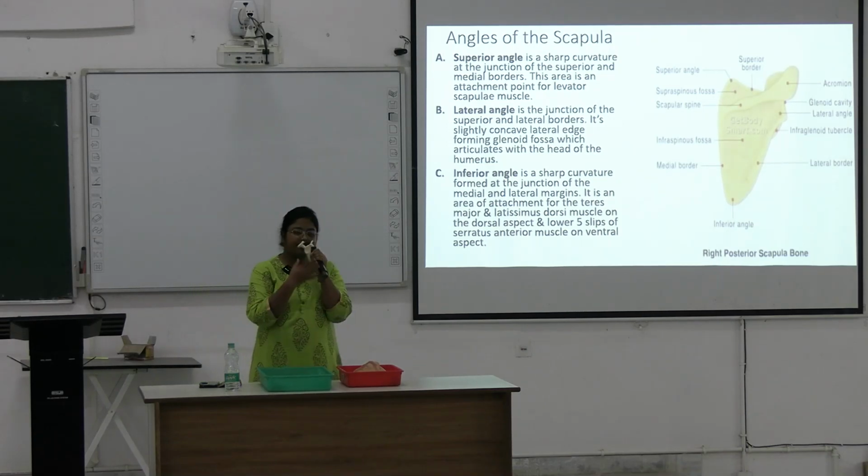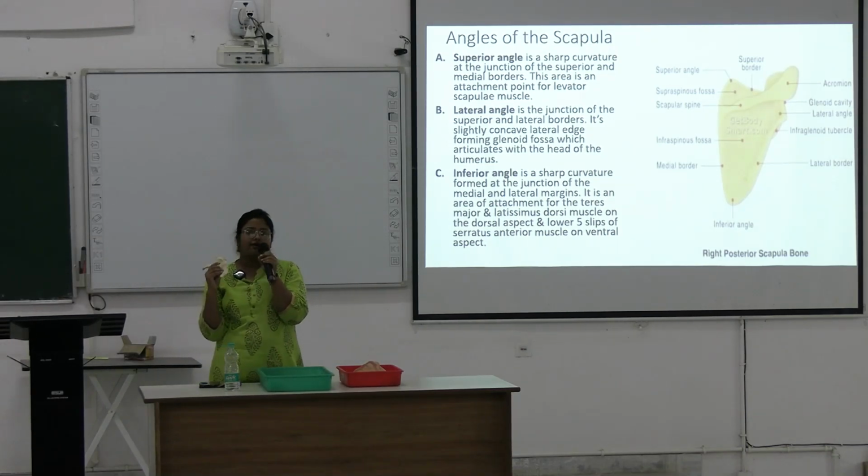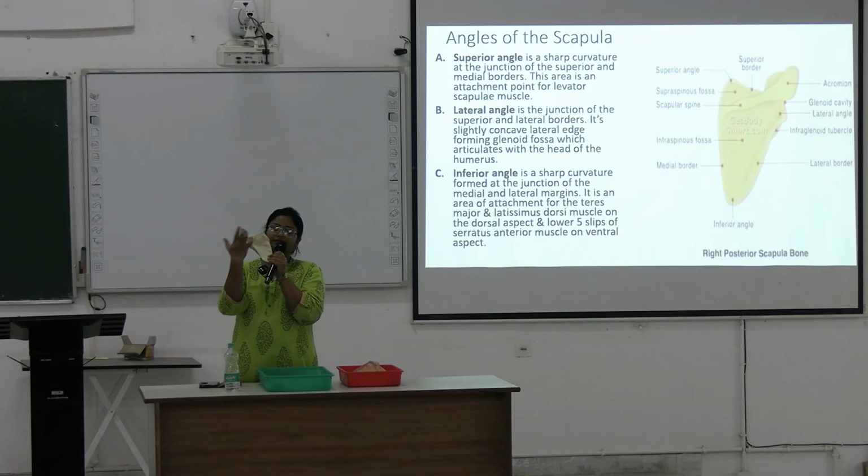On the ventral aspect along the borders, only one muscle is attached. Along the medial border, serratus anterior muscle is attached. First sleeve is from this superior angle to this apex of the scapula, then 2 sleeves along this medial margin, and rest of the 5 sleeves at the inferior angle.